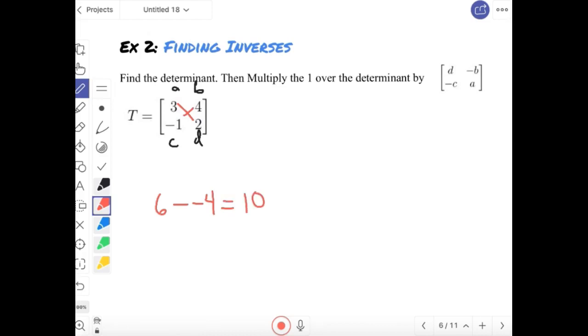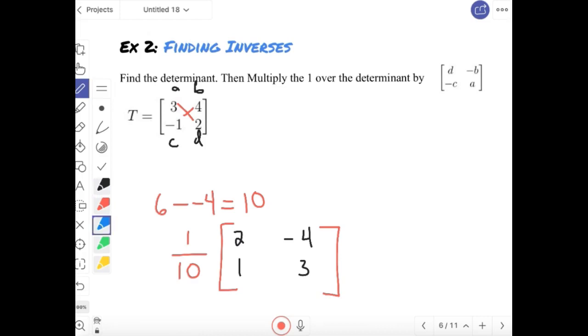So I need to multiply by 1/10 of my matrix rearranged. So D is 2, negative B would be negative 4, negative C would be a positive 1, and then A down here is a 3. So I need to multiply each of these things by 1/10.